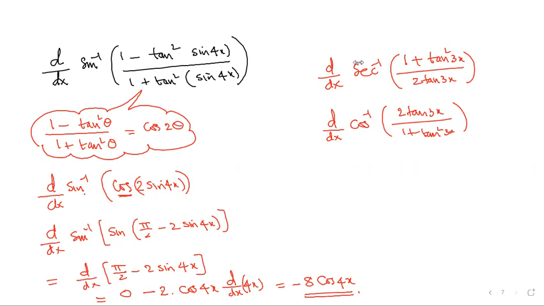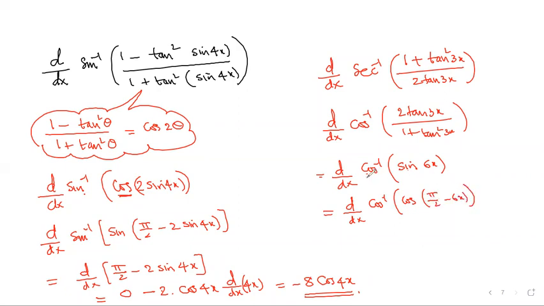That became cos inverse of sine of double the angle, 6x. Now cos inverse sine cannot be cancelled, so it becomes pi by 2 minus 6x. You must have seen that when sine inverse and cos come upside down, a minus sign comes. The derivative will have a minus sign. So 0 minus 6 into 1. So minus 6 is the answer.